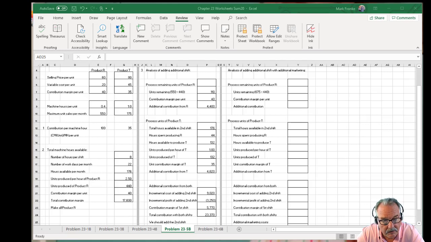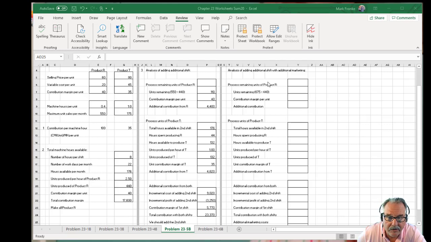Now, the last requirement is, what if we did some additional marketing and we'd be able to increase the maximum unit sales? We need to evaluate whether or not to spend an additional marketing cost of $4,500, which will increase the maximum unit sales of product R from 550 to 675.